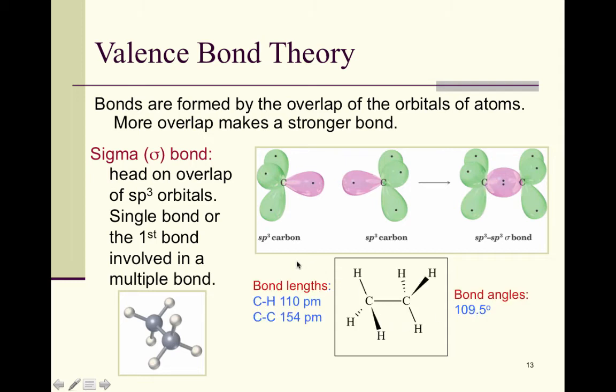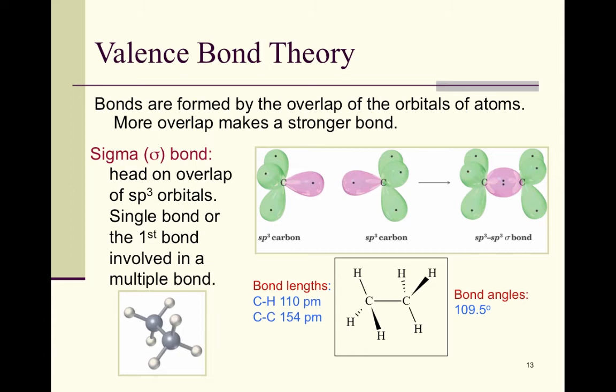Another piece of information that you are required to know for this class, when you have a sigma bond, is the bond lengths and the bond angles. The bond length between a carbon and a hydrogen is 110 picometers. Where we have a carbon-carbon bond, that bond length is 154 picometers. Yes, you must memorize these numbers.